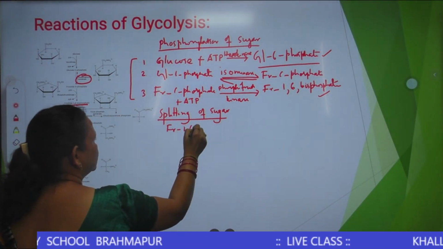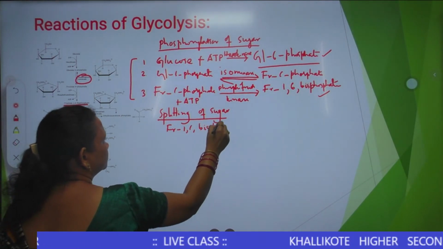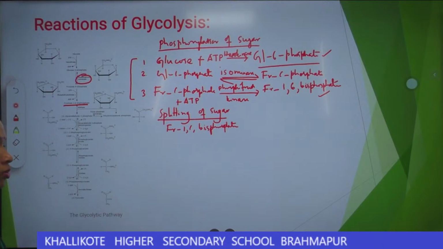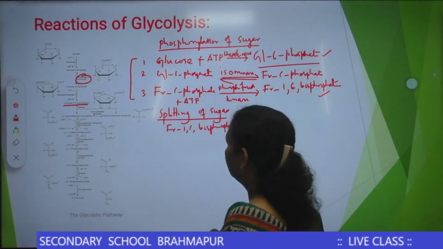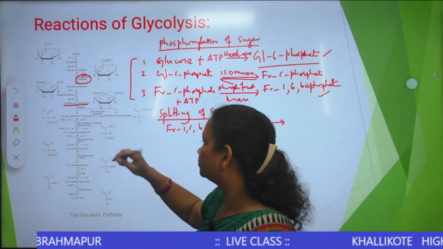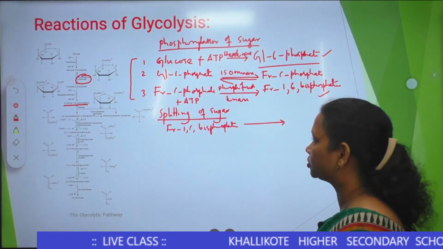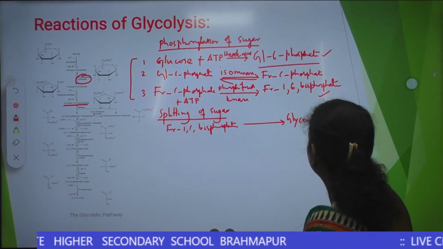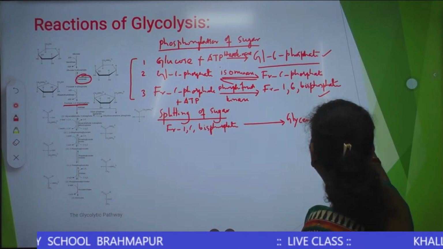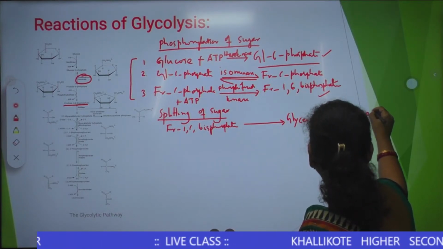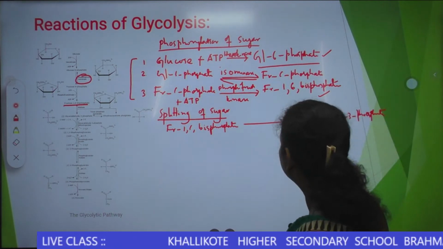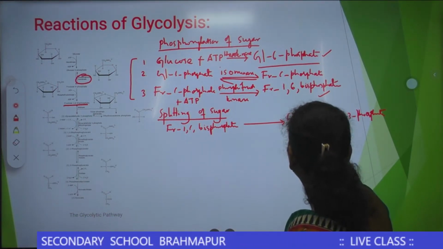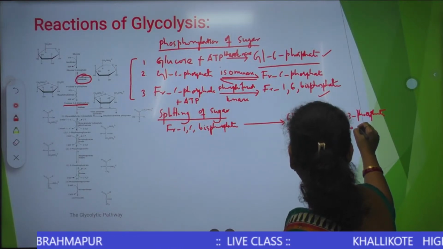Fructose 1,6 bisphosphate will break down into 2 molecules: one is glyceraldehyde 3 phosphate, and the second is dihydroxyacetone phosphate, that is, glyceraldehyde 3 phosphate plus dihydroxyacetone phosphate.